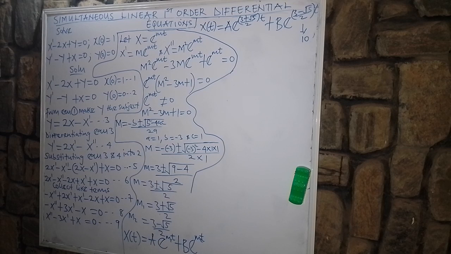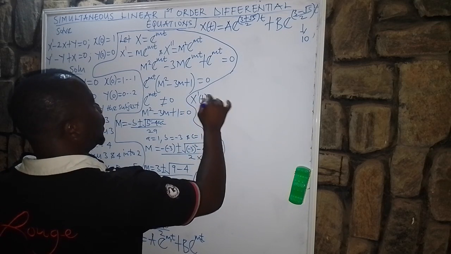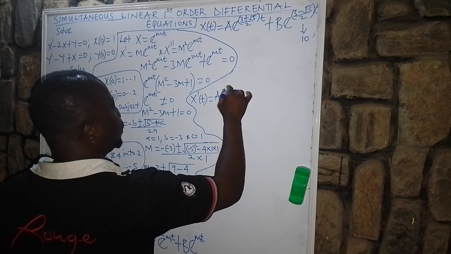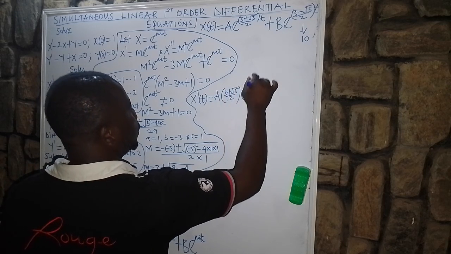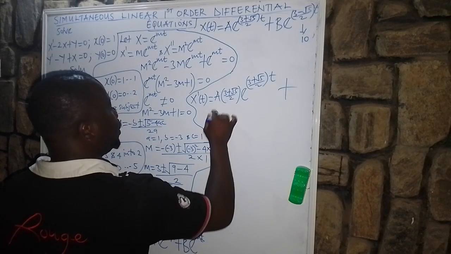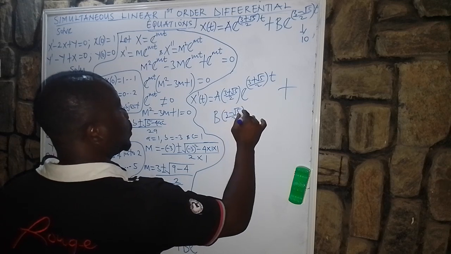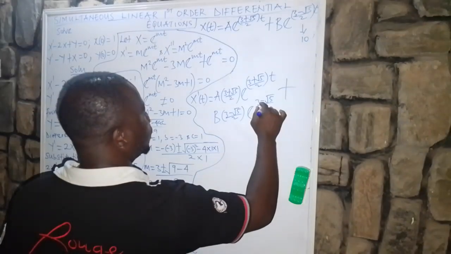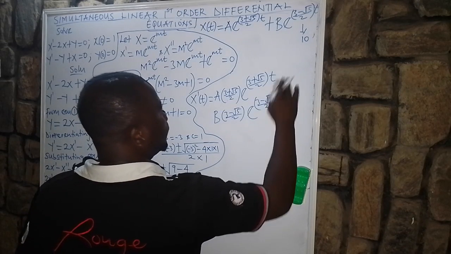If you differentiate equation 10 with respect to t, it means you are going to have x prime of t equals a times open bracket 3 plus root 5 all over 2 exponential open bracket 3 plus root 5 all over 2 close bracket t, plus b open bracket 3 minus root 5 all over 2 exponential open bracket 3 minus root 5 all over 2 close bracket t.